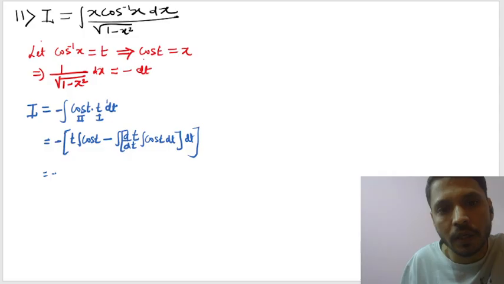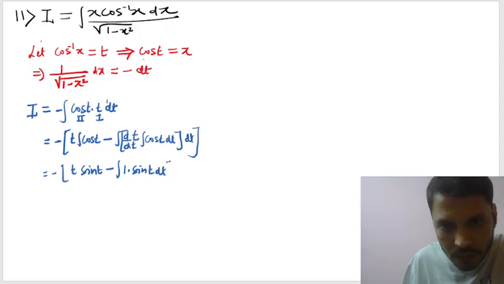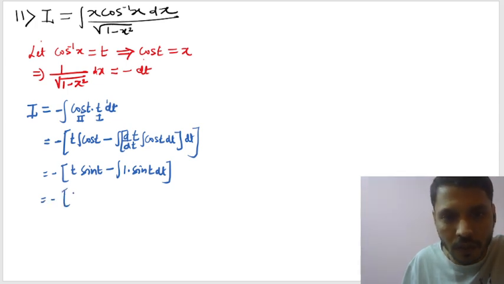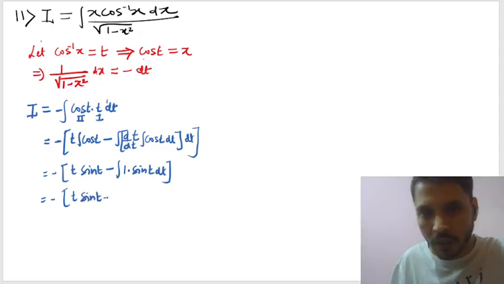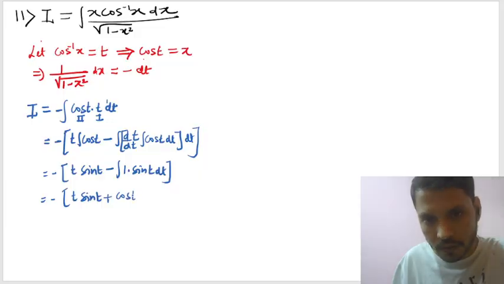Now the minus stays as it is, t stays as it is, the integration of cos is sin t, and minus the integration of the derivative of t, which is 1, and the integration of cos is sin t into dt. All right, now the minus stays, t sin t, and the integration of sin t is minus cos t. So it becomes minus minus plus, cos t, and at last we write plus c.